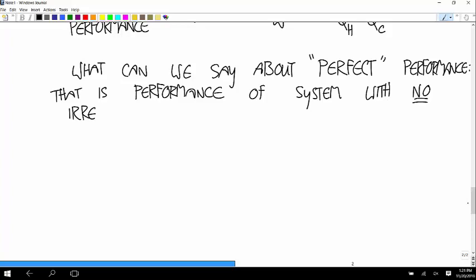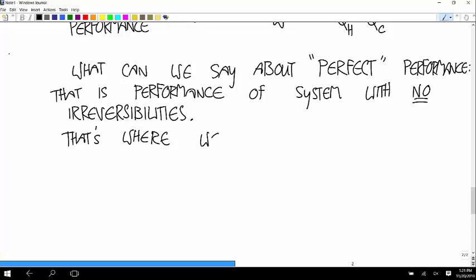What can we say about perfect performance? That is the performance of a system with no irreversibilities. So that's where we're heading now.